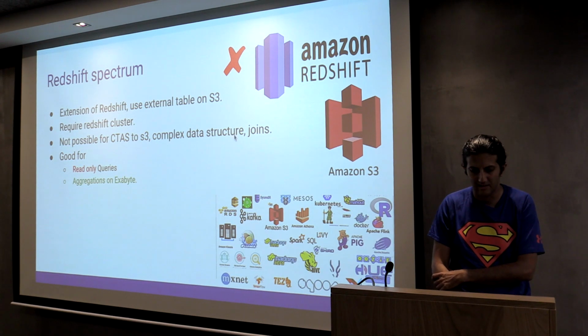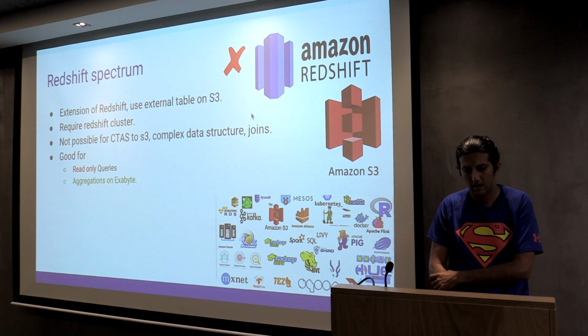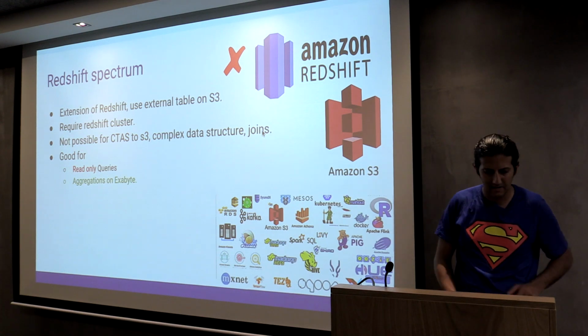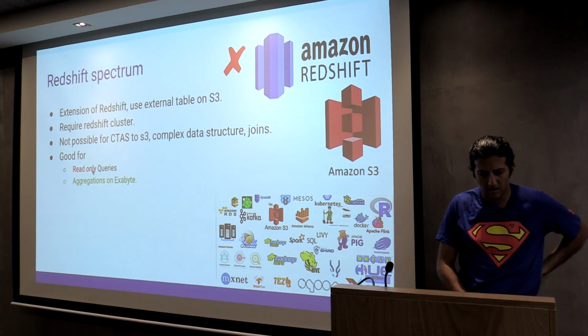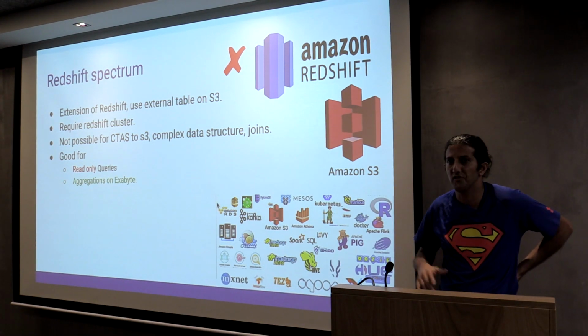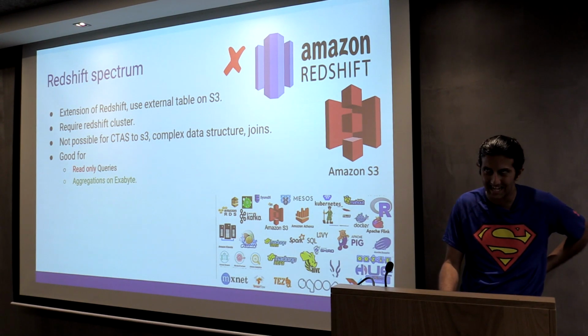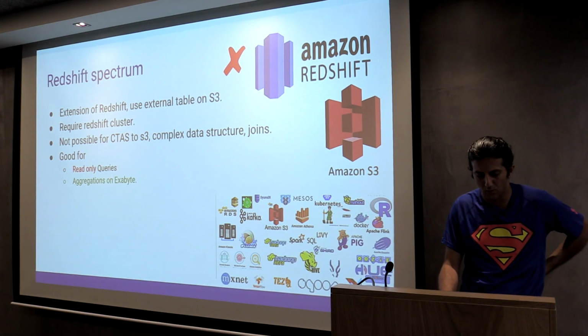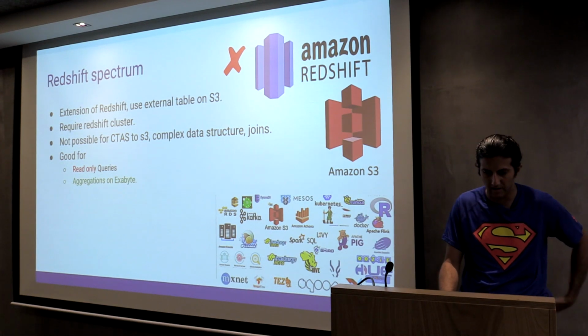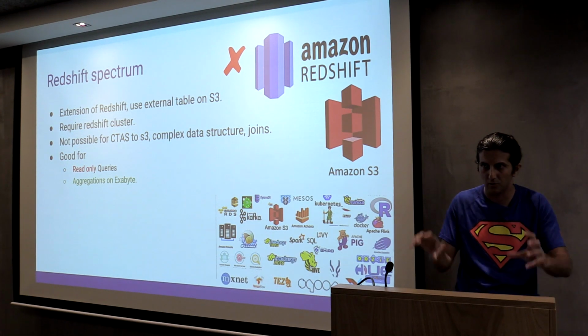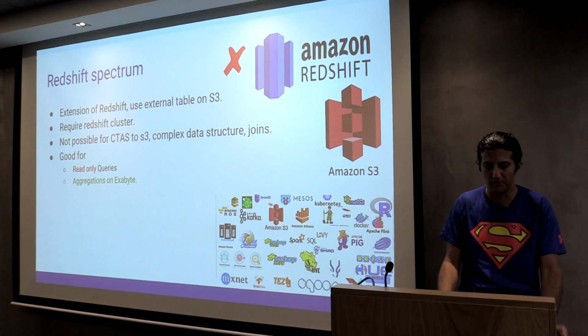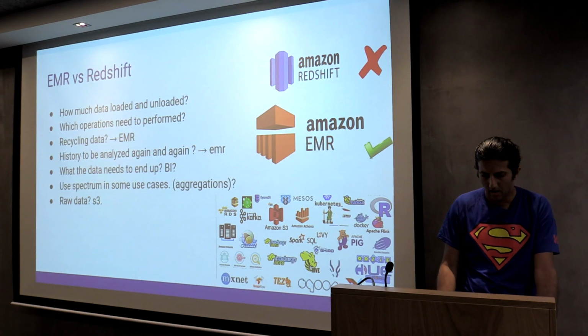Complex data structures are not supported. It's not very recommended to do joins on external data. It's good for read-only queries, for aggregations or large-scale data, instead of inserting it into your cluster and paying for the size of a cluster, which is limited to the amount of disks on the nodes.